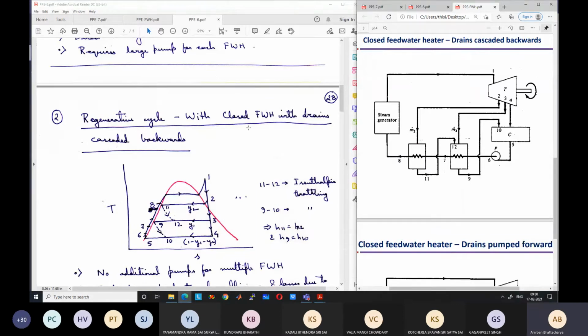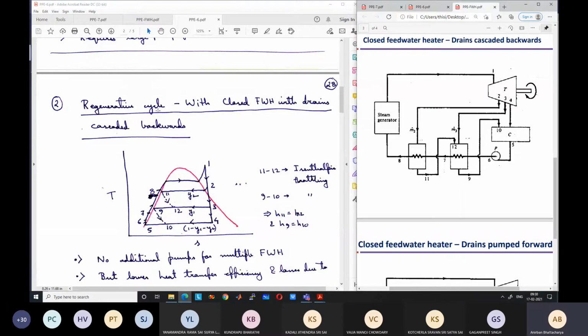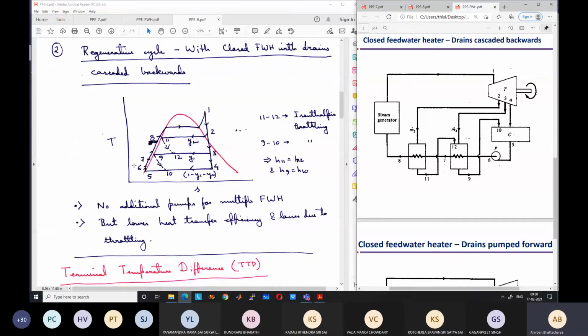Okay, so this closed feed water heater means regenerative cycle with closed feed water heater with drains cascaded backward. So this is how the TS diagram looks. Again I will go through the processes one by one, and you can even compare with this diagram. So steam which is at high pressure and temperature, state 1, as shown here, is taken to state 2.